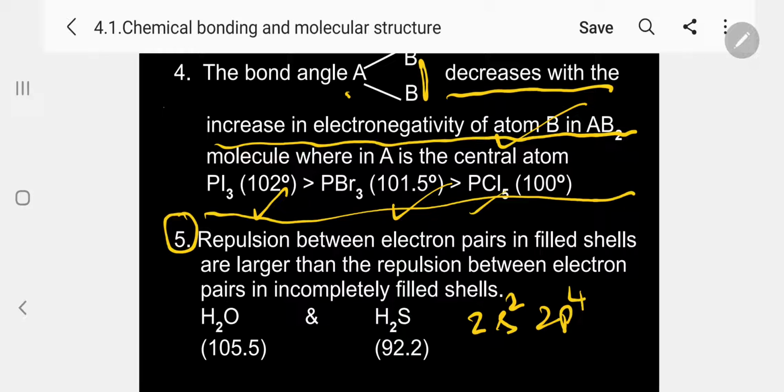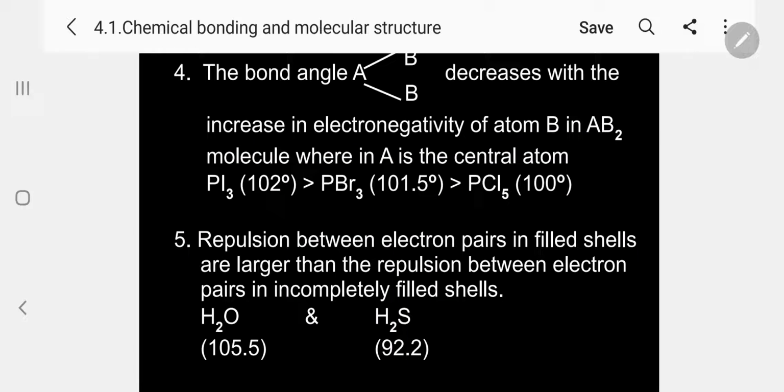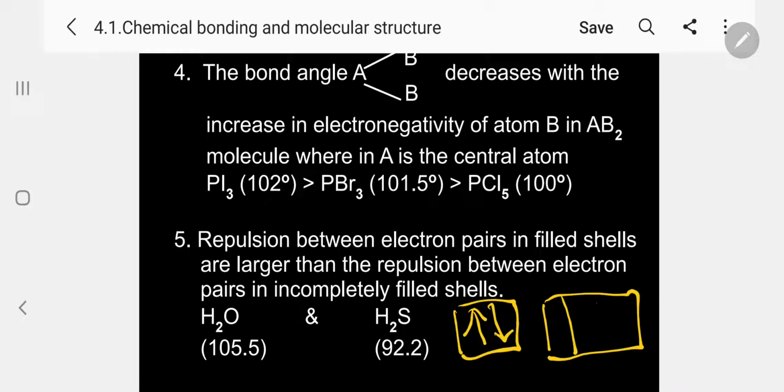Kindly follow, this is oxygen, 2s2 2p4, completely filled. There is no 2d, so that means completely filled.